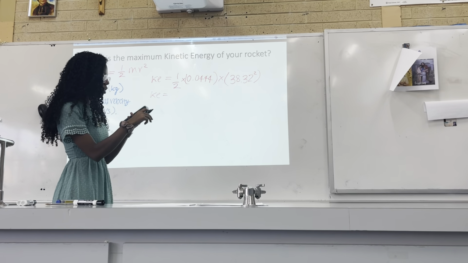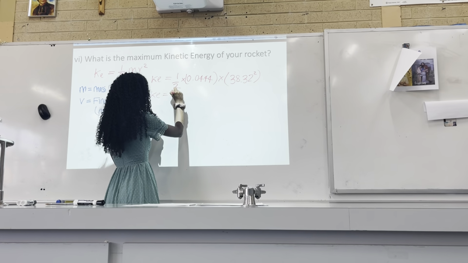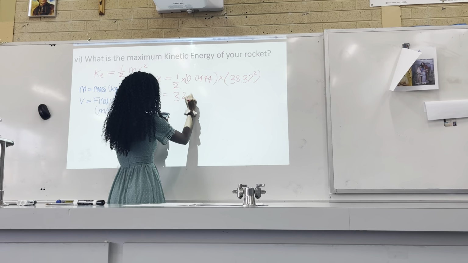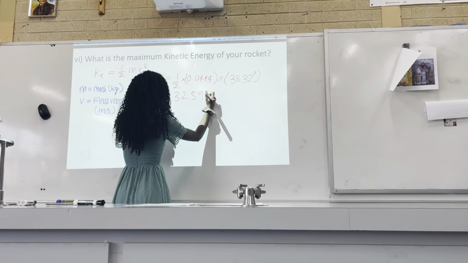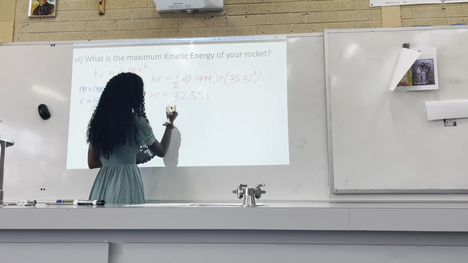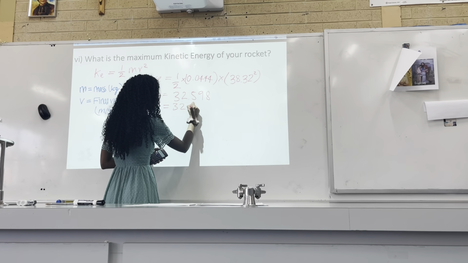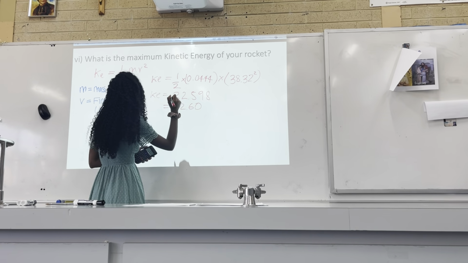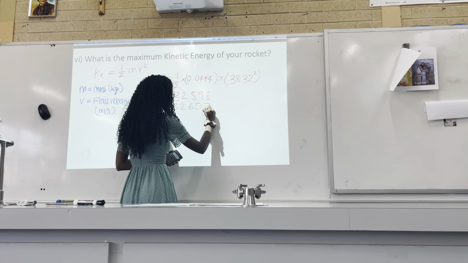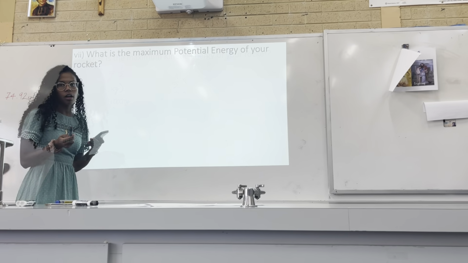So I got 32.60. Well, it was 32.598, but just rounding it up to 2 decimal places is equal to 32.60. And because it's kinetic energy, we measure that in joules. All right, final question of the booklet.